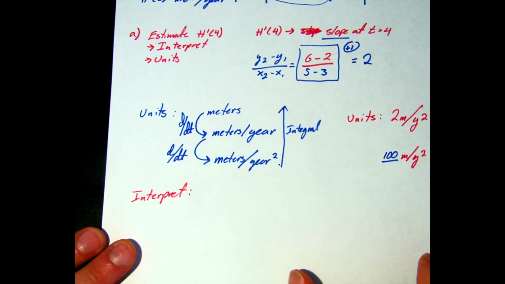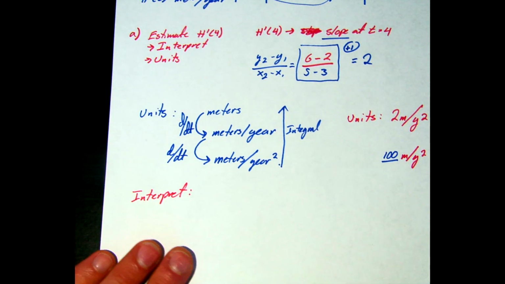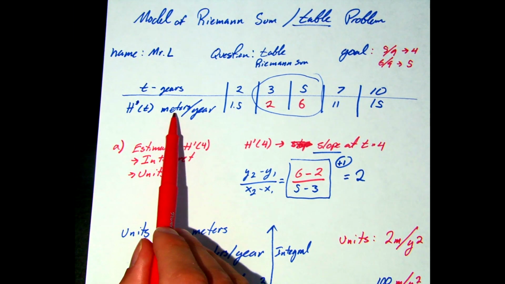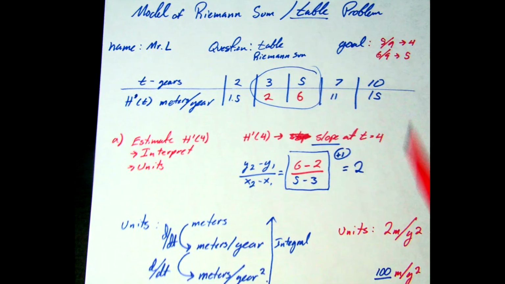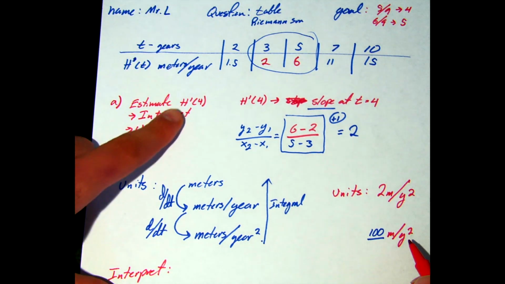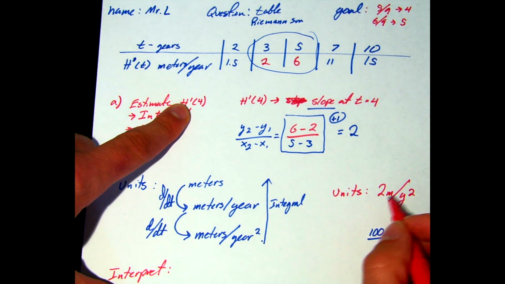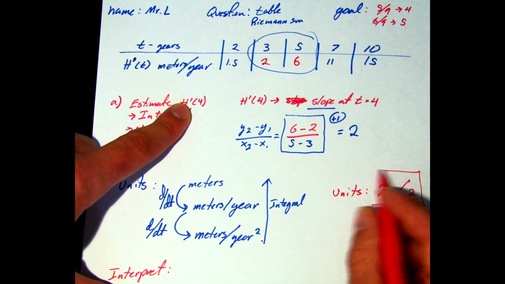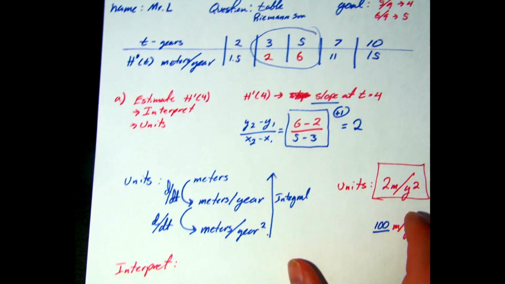Now let's finish this off by interpreting. Okay, so we have to think about what's happening here. The tree is growing at a rate, meters per year. We found h prime of 4, which is 2 meters per year squared. And we have to interpret that.